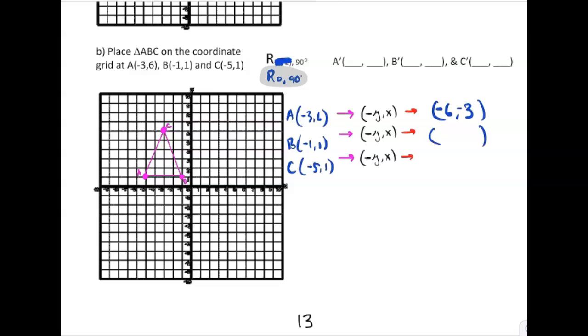If I switch these, this one's a little confusing because they're both 1s, but if I switch them, first I get 1, -1, but then I make that coordinate the opposite sign. If I switch these, then make the first coordinate negative, you end up with that. So if you like the rules method, that's one way of doing it.